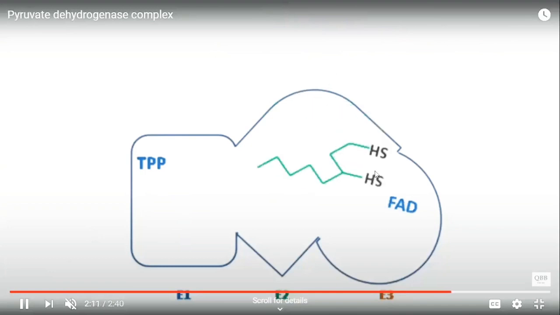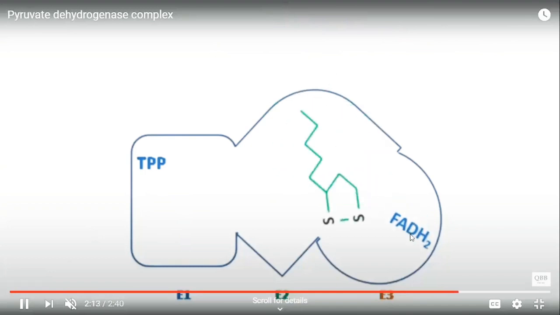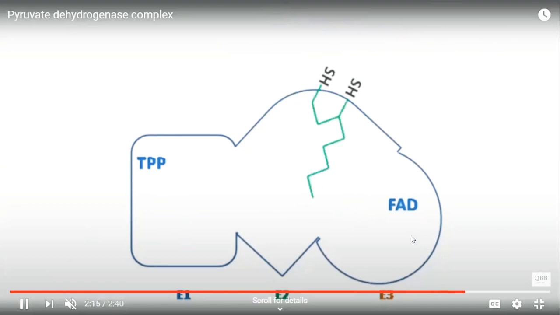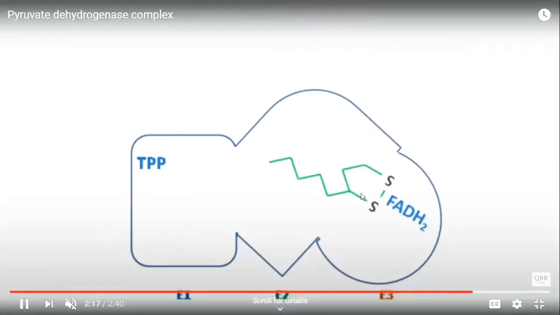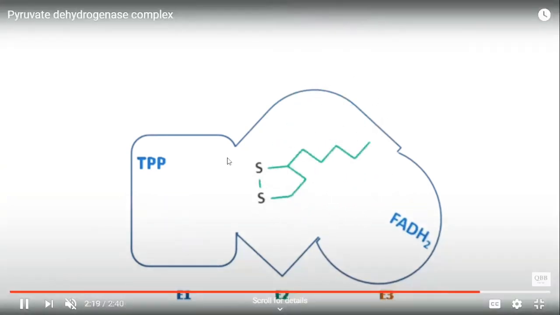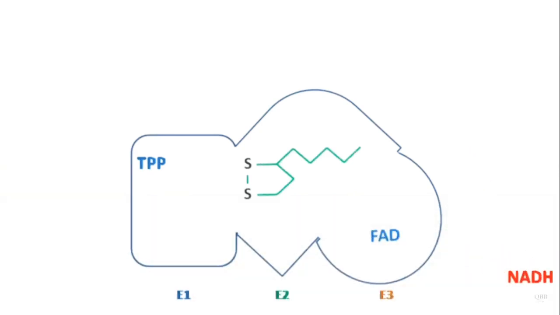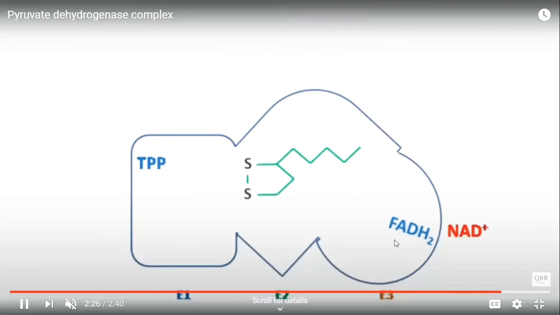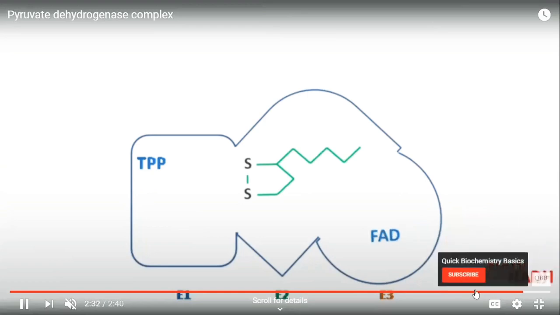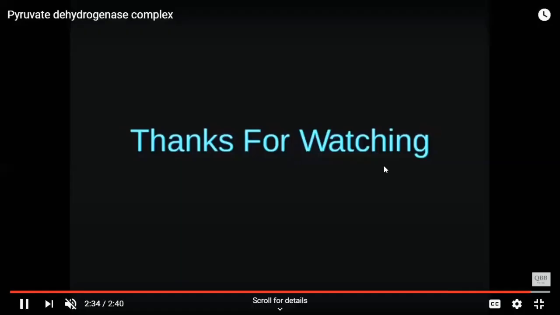Now this reduced form of lipomide will reduce the FAD into FADH2, and it itself will get oxidized and will be reused and will be set free for the further reactions. Then this FADH2 will reduce the NAD into NADH. Okay, and then NADH is liberated in this reaction.